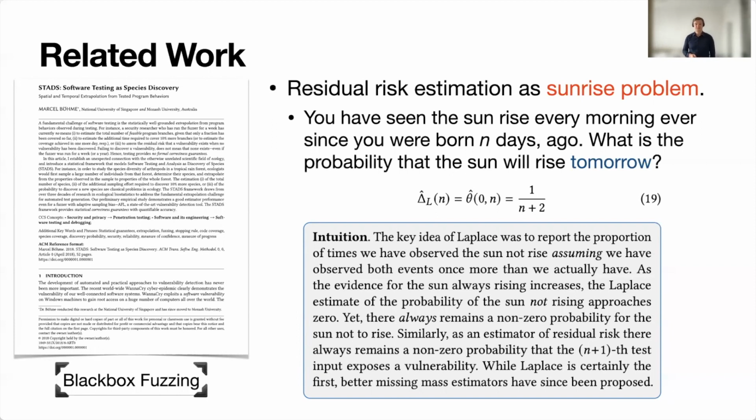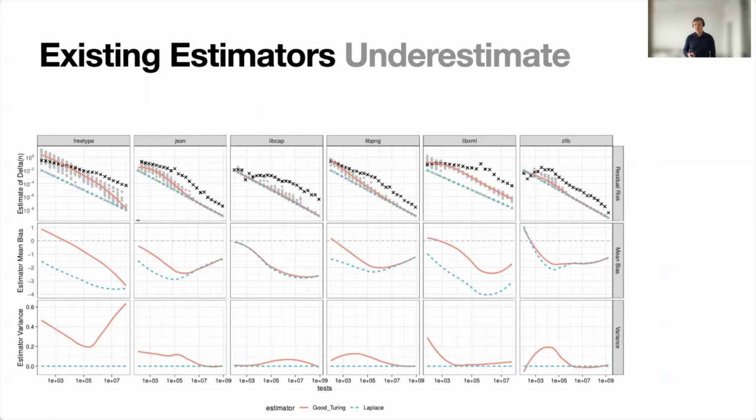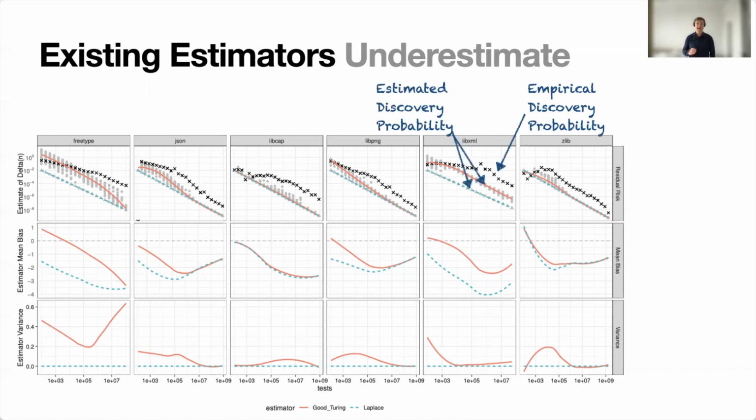And so what we did is we used these estimators, including Laplace, but there's also one called Turing, and applied them from black box fuzzing to gray box fuzzing. And what we found is that these estimators severely underestimate, which means the residual risk is estimated to be much less than it actually is.